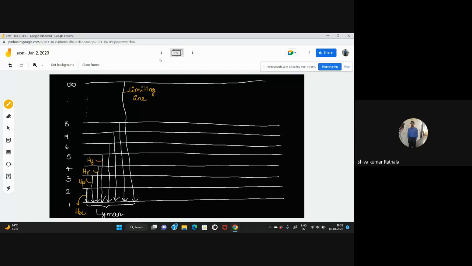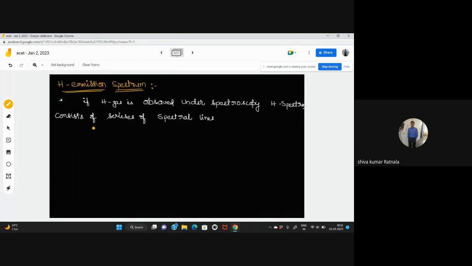So in the hydrogen spectrum we have different series of spectral lines. The first one is the Lyman series.